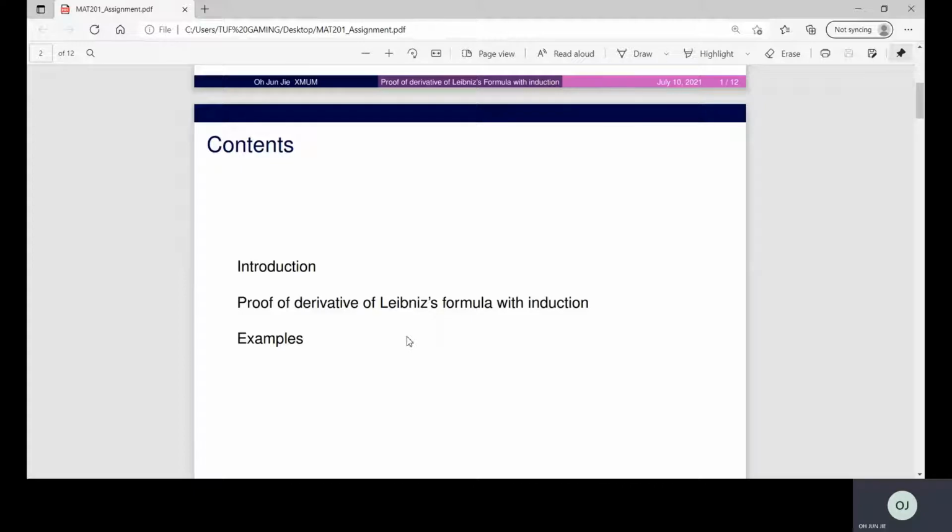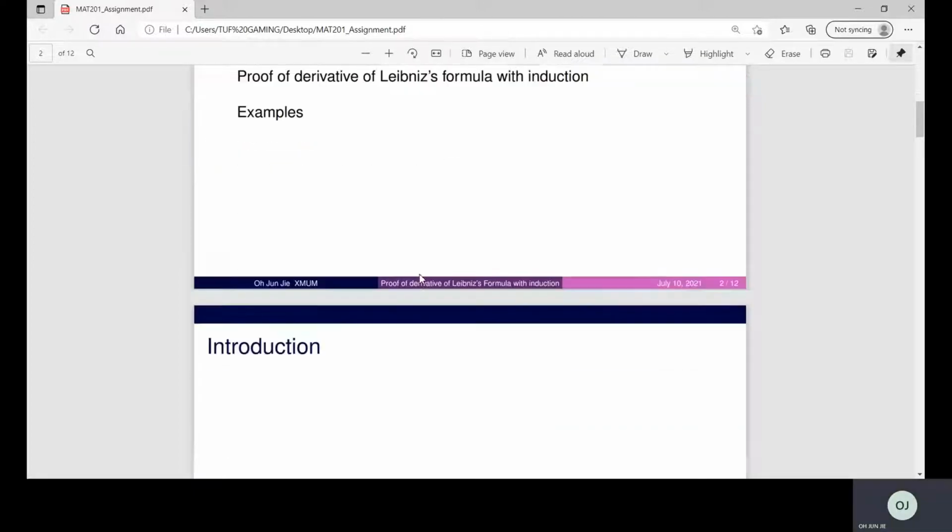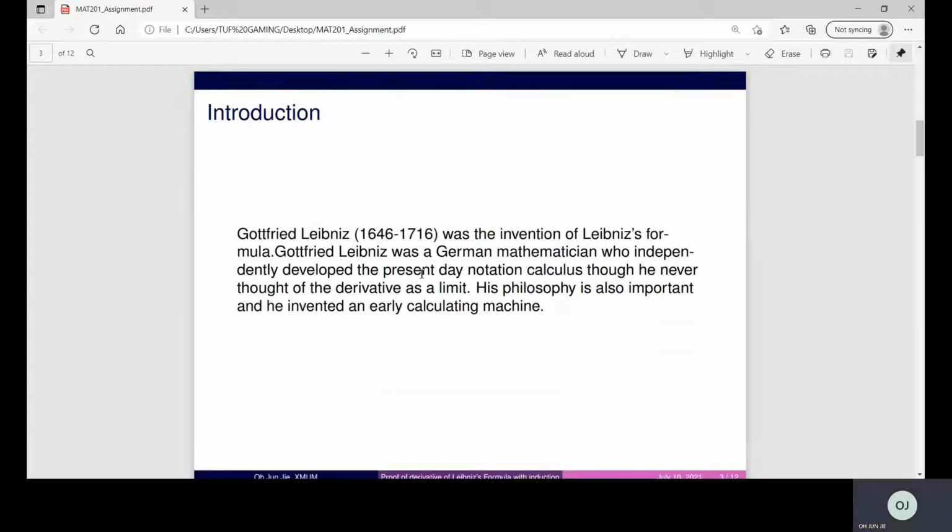Now we look at the introduction. Gottfried Leibniz, he was the inventor of the Leibniz formula. And he was also a German mathematician who independently developed the present-day notation of calculus, like differentiation and integration, although he never thought of the derivative as a limit.